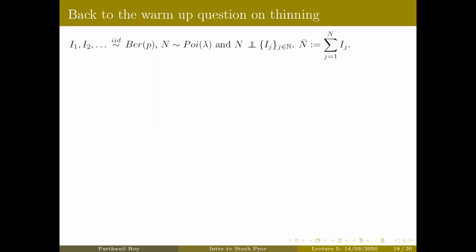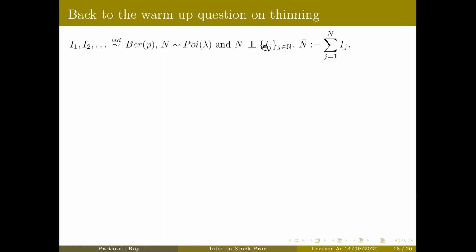Now let's go back to the warm-up question on thinning. Let's forget about the hen and egg story. Let's just remember that we started with an IID sequence of indicators following Bernoulli p distribution and a Poisson random variable N with parameter lambda, and the sequence of Bernoulli random variables is independent of the Poisson random variable.